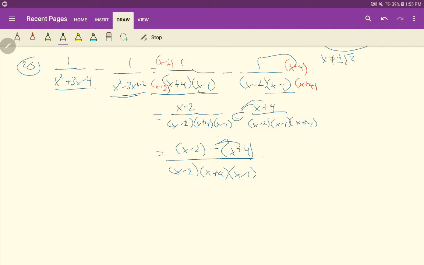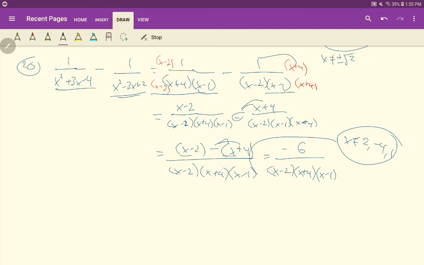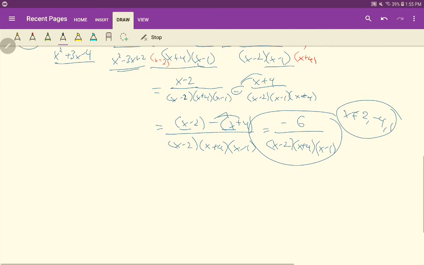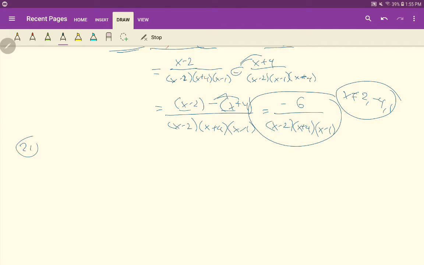And then distribute the minus sign and subtract. So x take away an x is going to be 0, and then negative 2 take away a positive 4 is negative 6 over x minus 2, x plus 4, x minus 1. And again, what can't x be? We want to write our excluded values here, so x cannot be 2, negative 4, or 1. Okay, there's 20.